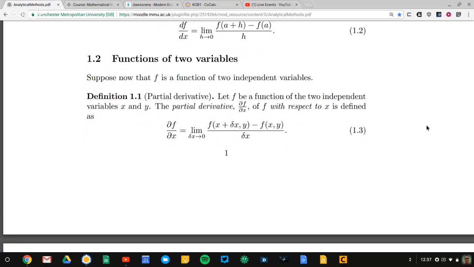But that only makes sense when you compare it to how far away you've moved. So we make it relative to the change in value of the coordinate of the first argument that we've introduced. So this fraction is the relative change in value of f between the base point xy and the nearby point, with the same y coordinate, but the x coordinate being x plus a bit, that bit being delta x.